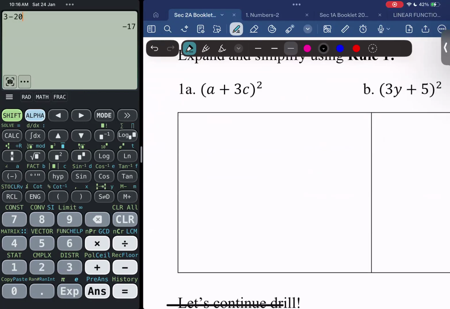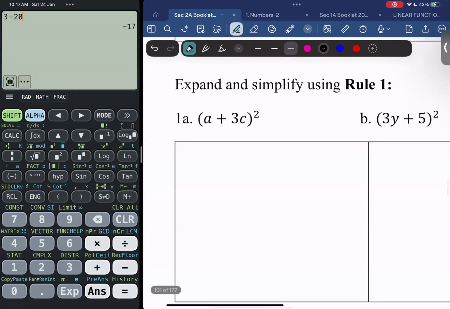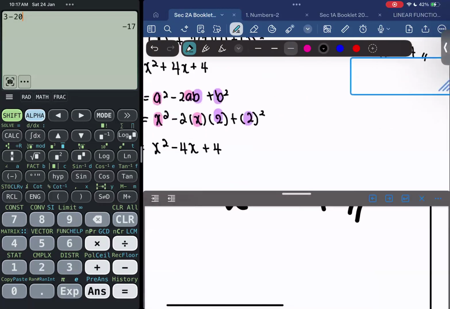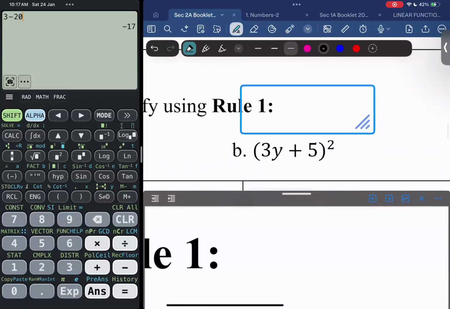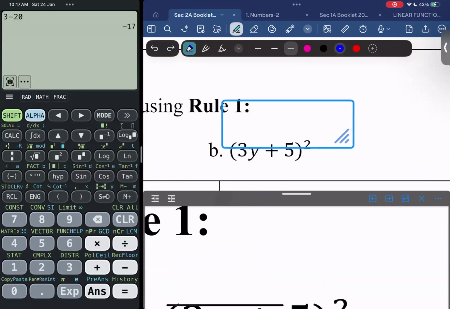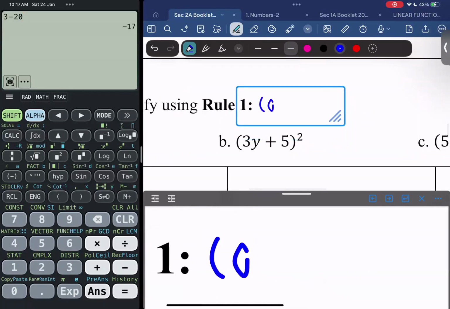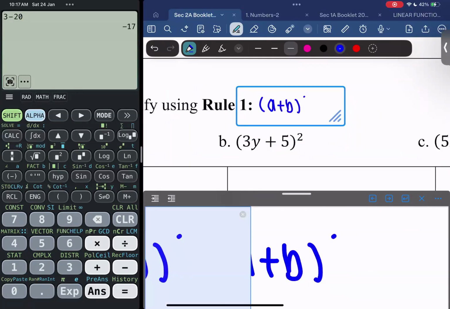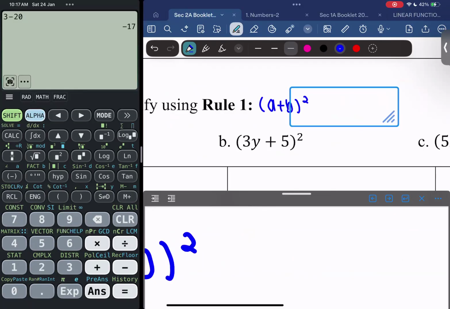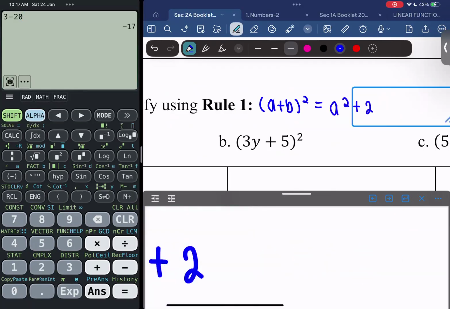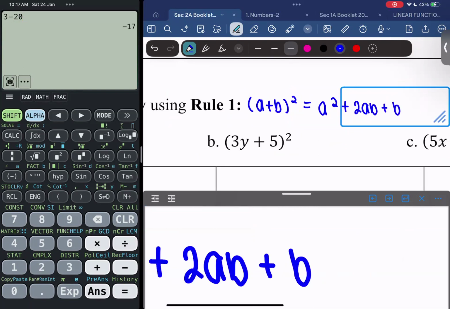Now rule 1. What's your rule 1? Rule 1 is A plus B squared. When you open up, A squared plus 2AB plus B squared.